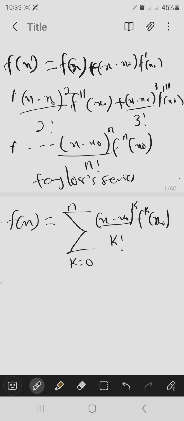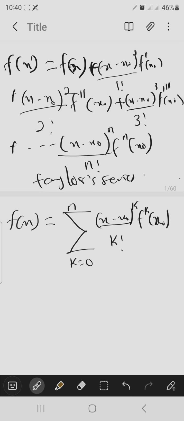One thing you need to understand from this analogy is that when I started here with f of x naught, plus (x minus x naught) raised to power 1 f prime of x naught, I would have 1 factorial here. The reason I don't put the 1 factorial there is that 1 factorial is 1.